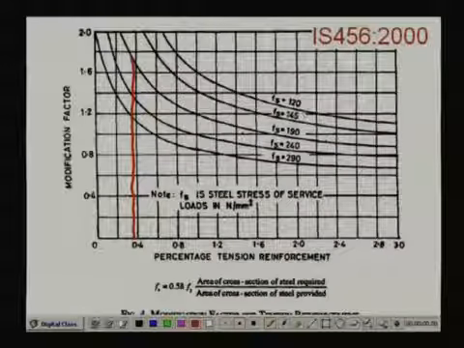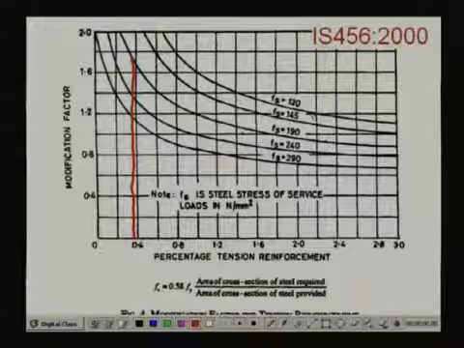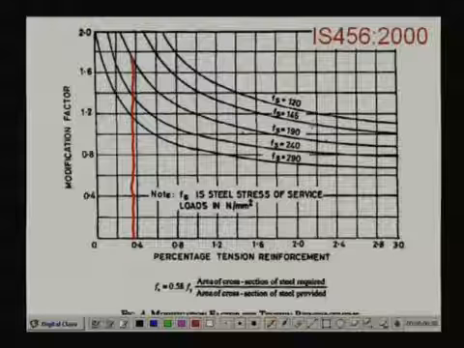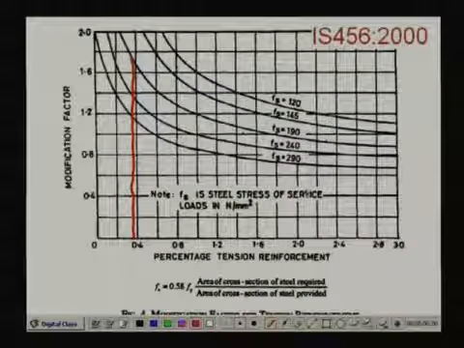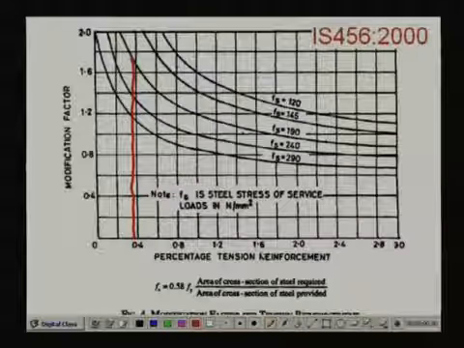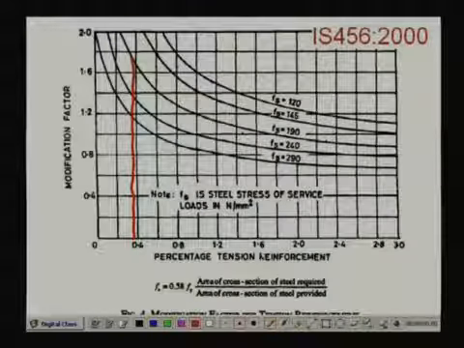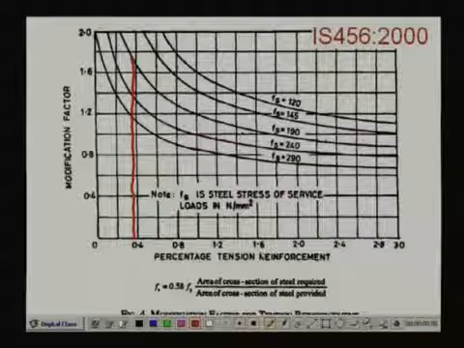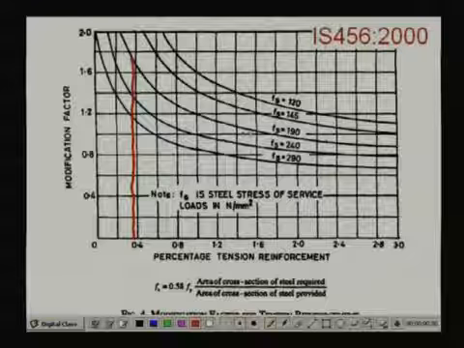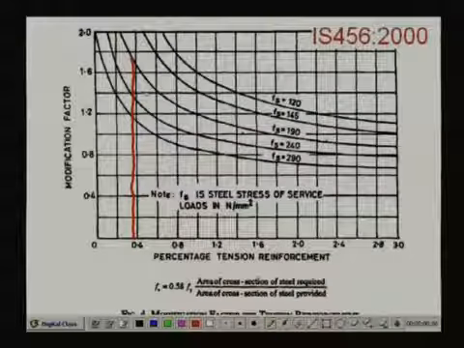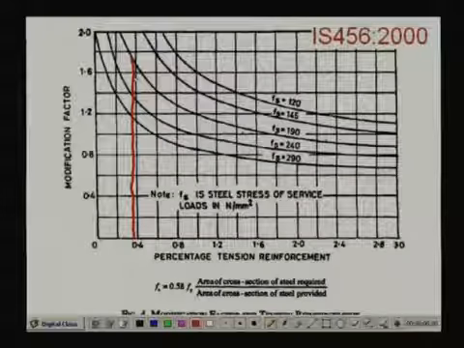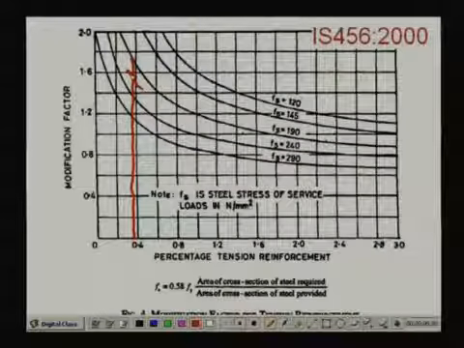You can see that fs is dependent on the values fs 120, fs 145, 190. It means that if you provide more reinforcement, your modification factor will also be more. That way also you can manipulate a little bit. So our case will be somewhere almost in the middle zone, maybe somewhere here.